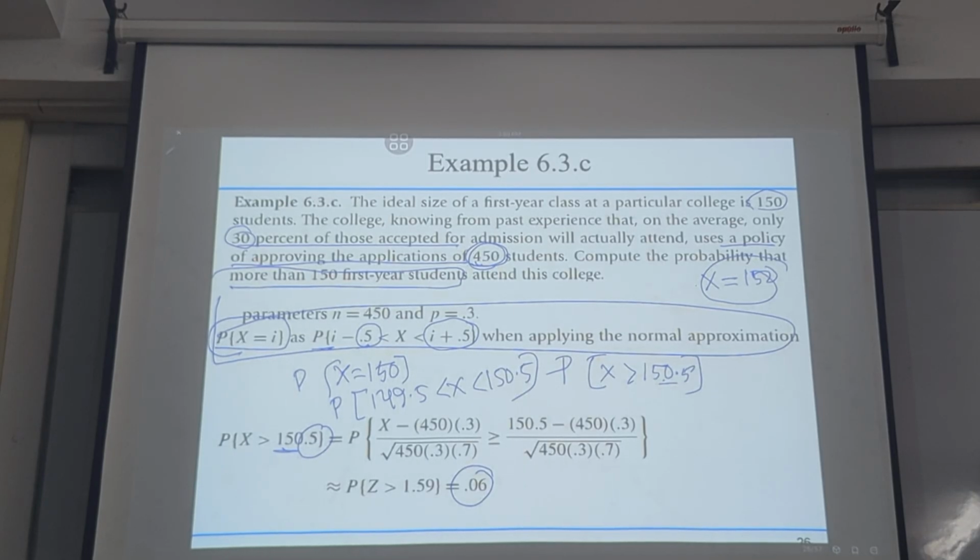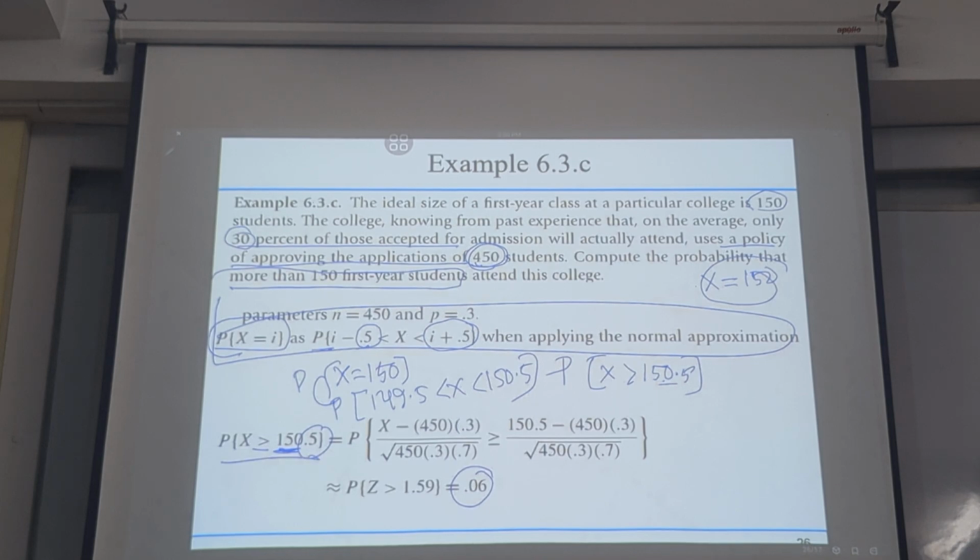It is just an approximation. That's why instead of writing X is greater than 150, they have written 150.5.